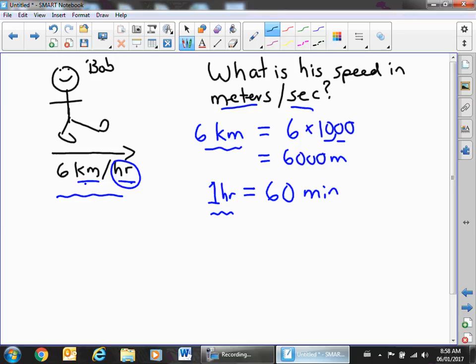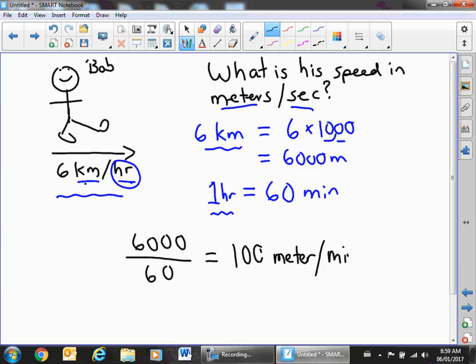That is basic division. If we take 6,000 and divide it into 60 groups, one of those groups is going to have 100. So in other words, we are going to be covering 100 meters per minute.